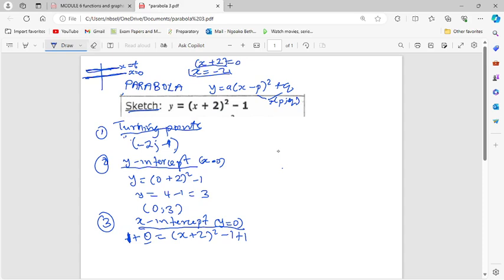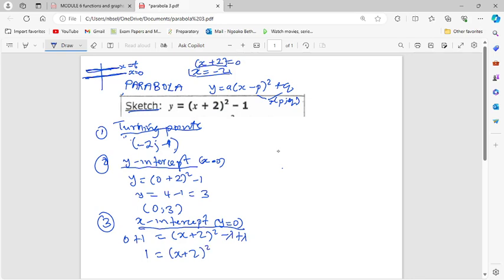To write it nicely, we add 1, so that will be 0 plus 1. If we add 1 on both sides, this one will take away this one, and we'll have 0. Then this side will have 1 equals (x plus 2) all squared.